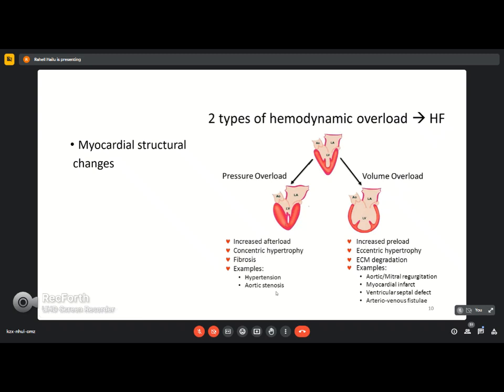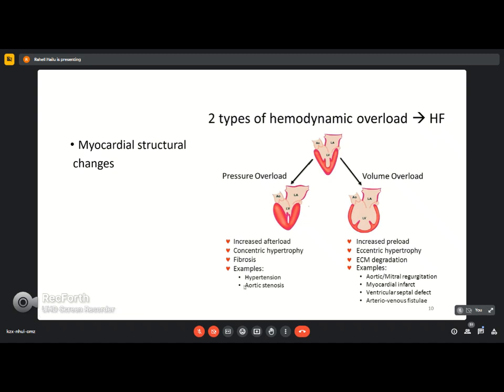Systemic hypertension means the left ventricle has to push against a high pressure in the peripheral circulation. In order to compensate for that pressure, it undergoes hypertrophy, and that is the kind of hypertrophy you would expect in hypertension. Also, same mechanism, aortic stenosis.